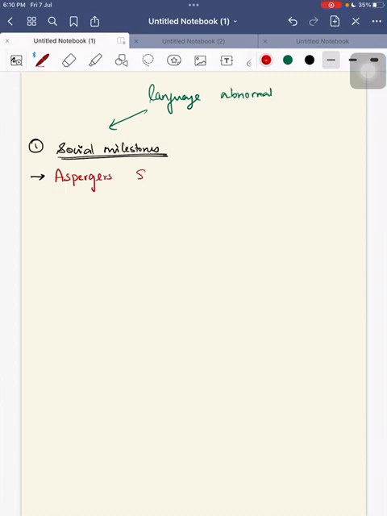In this, the language is abnormal. First, you have to check for social milestones. In social milestones, if there is a difficulty in social interactions and non-verbal communication, the child can have Asperger's syndrome.